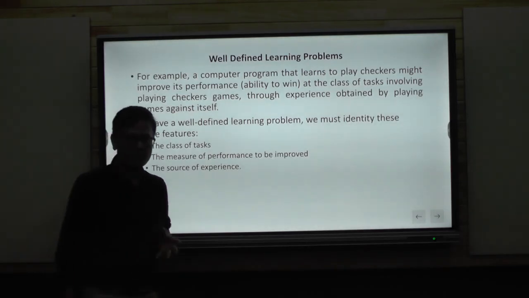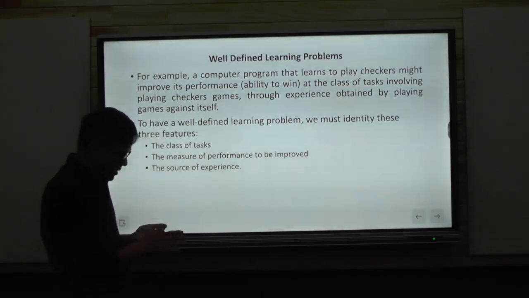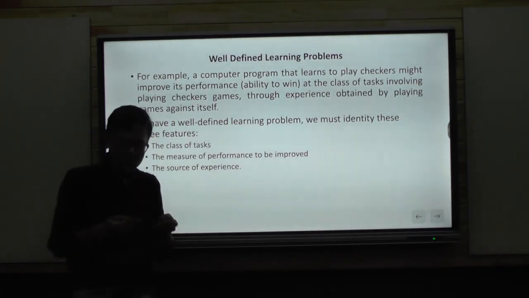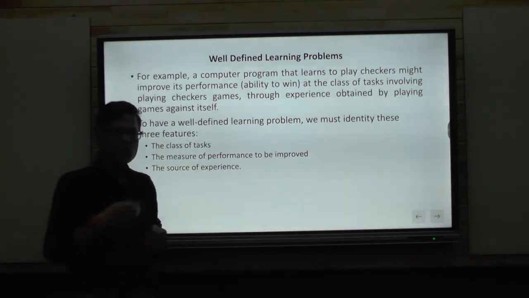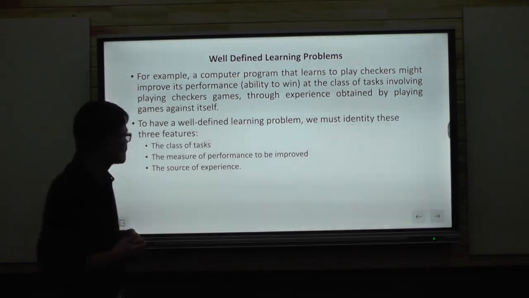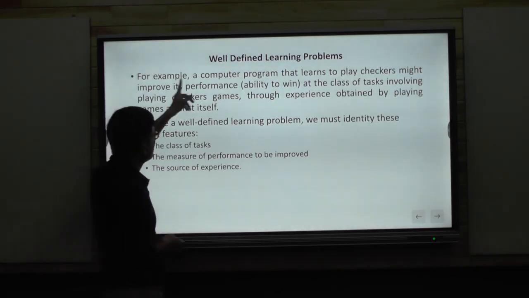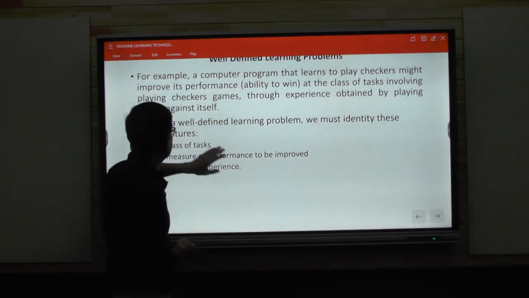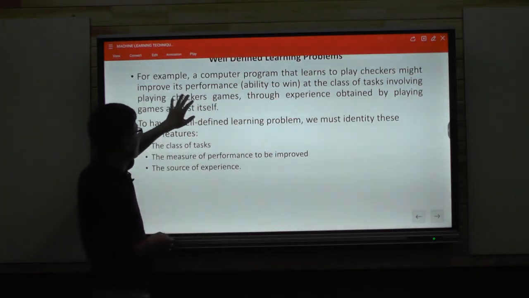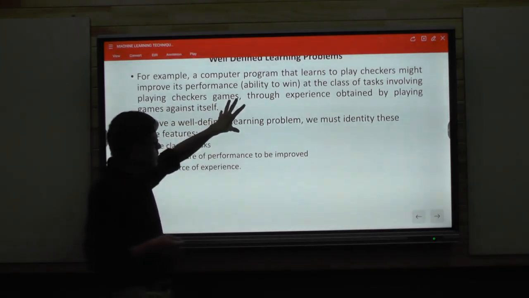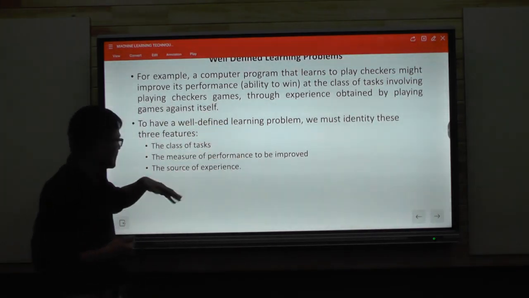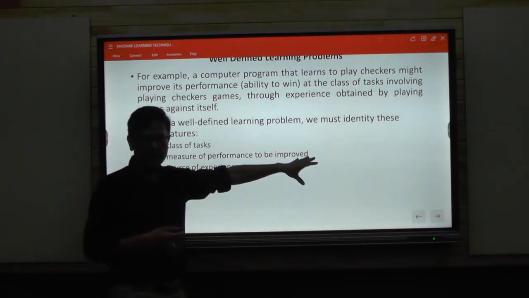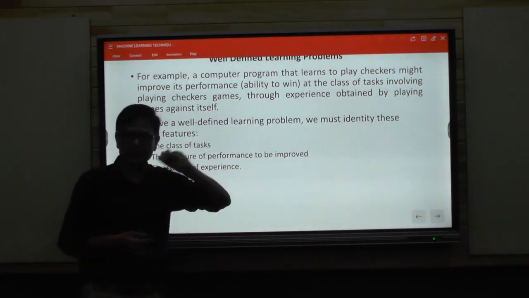So that means it is a computer program that is playing against another computer program, it is playing by itself and is improving its game. So this problem of a computer program that learns to play checkers might improve its performance when it is playing by itself. It means that it is a well-defined learning problem, and we can identify basically three things.